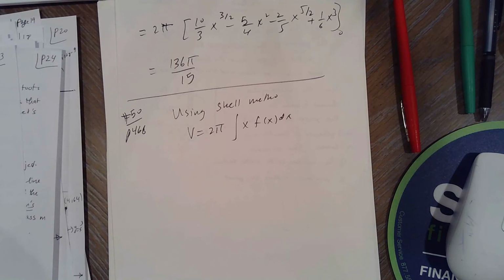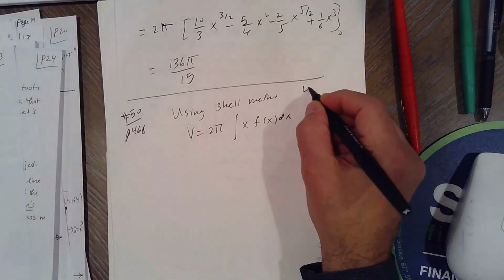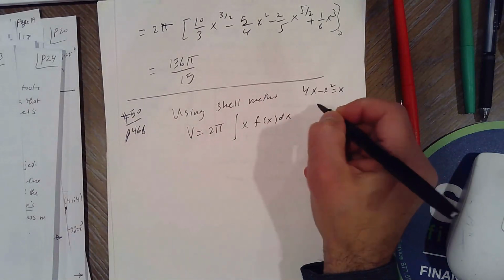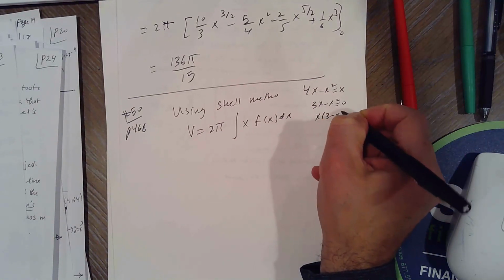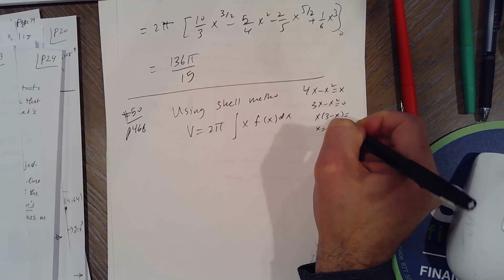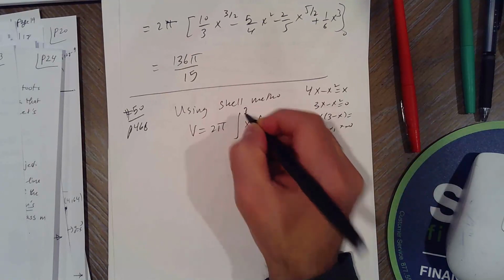We're doing a vertical strip, so we're going from 0 all the way to 3, because that's where they cross. Look, 4x minus x squared equals x. So x squared equals 3x. So they cross at x equals 0 and x equals 3. That's how I know.